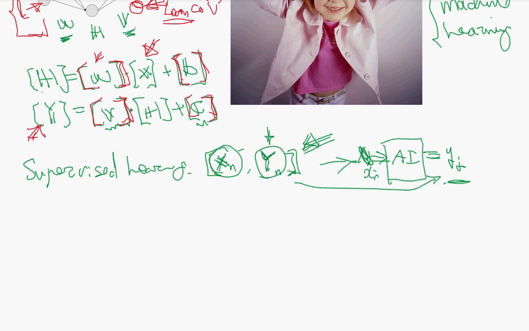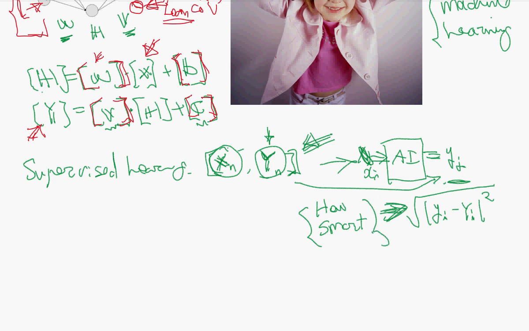If it's not correct sometimes, then take yi and target i, the difference, squared, then the square root. Like a regression, this gives you how smart the AI is. If it's very smart, this becomes almost 0.